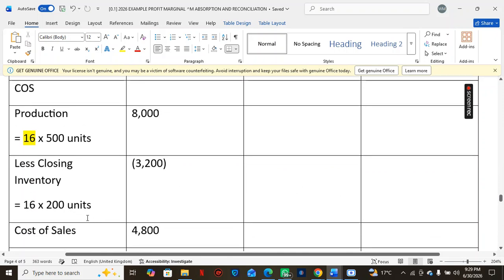Okay. So in order to get the cost of the goods sold, it's what you produce, or basically the total cost of goods available for sale, or the goods that you have in your factory, their value, minus the goods that you've remained with.